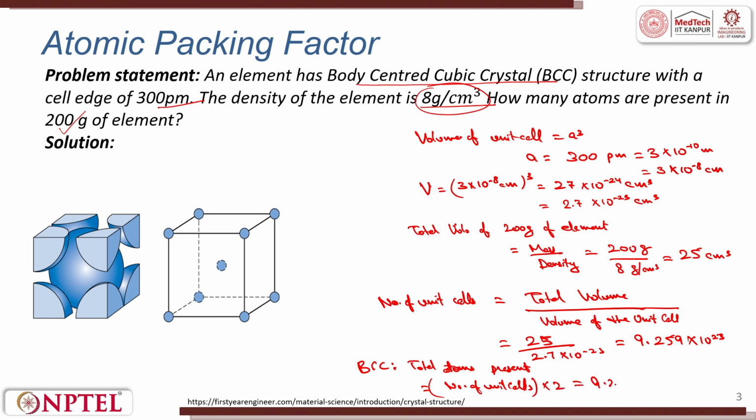This is equal to 9.259 into 10 raised to power 23 into 2. This gives me my answer as 18.518 into 10 raised to power 23 atoms. This was simply for the body centered cubic.